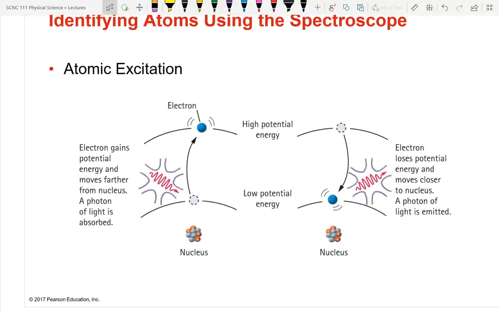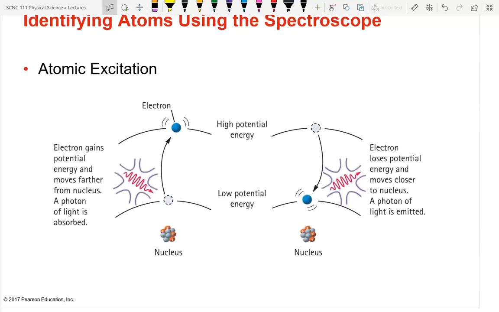And it was Bohr, Niels Bohr, with his Bohr model of the atom. Remember the Bohr model? He said the electrons are doing circular orbits around the nucleus with only certain angular momenta possible, which resulted in only certain energy states possible.